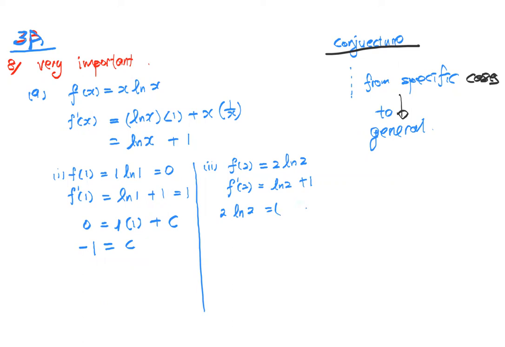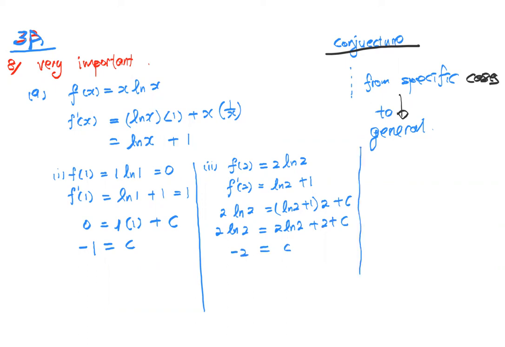Sorry, I'm wrong. m first is ln 2 plus 1, then times 2 plus c. So you expand, and now you can see the pattern. Your c becomes -2.